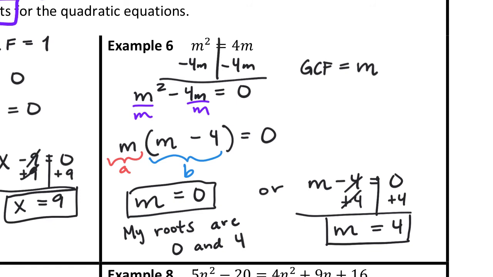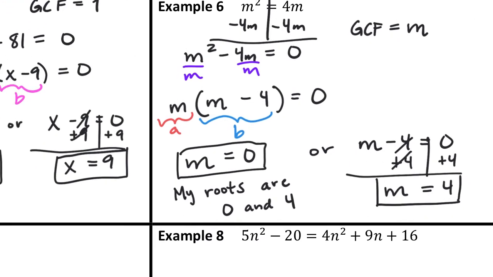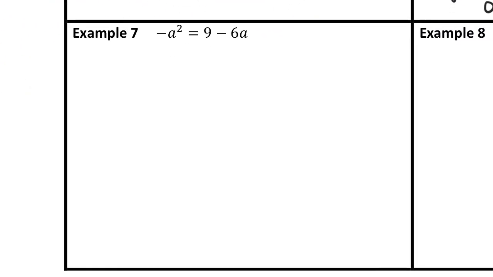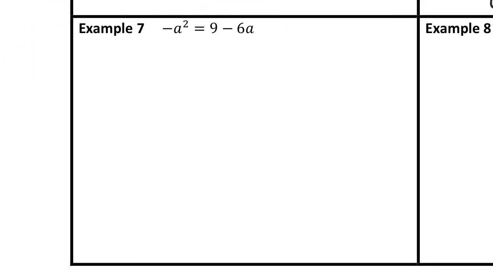All right, let's go over to example 7. And so step 1 is to move everything to one side. I already have 2 terms over here, and I have 1 term over here. So instead of me moving two items to the left, I can just move this 1 item to the right.